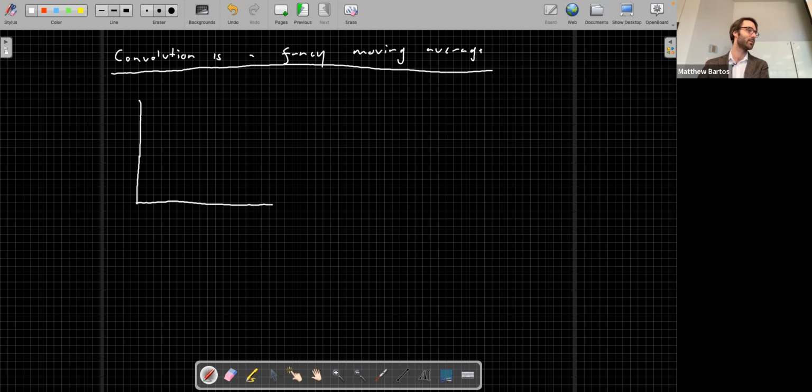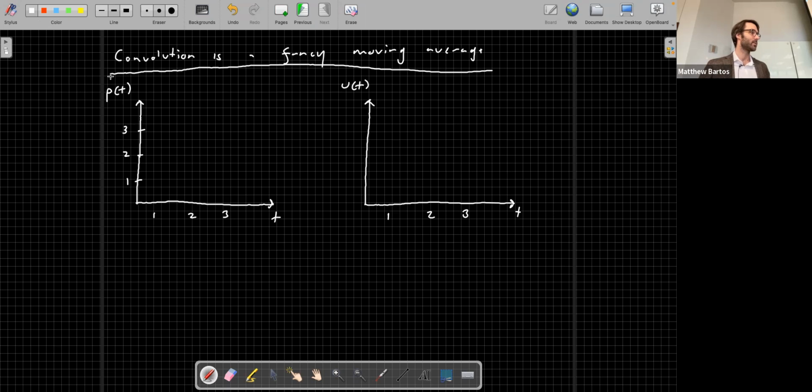Okay, so let's say we have some function here, which I will call P, and another function here, which I will call U. For P we have time indices 1, 2, 3, and for U we have time indices 1, 2, 3. I'll draw these axes out.